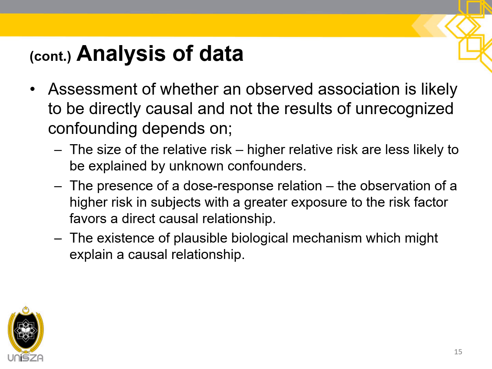Second, the presence of a dose-response relation, where the observation of a higher risk in subjects with greater exposure to the risk factor favors a direct causal relationship. And third, the existence of a plausible biological mechanism which might explain a causal relationship.